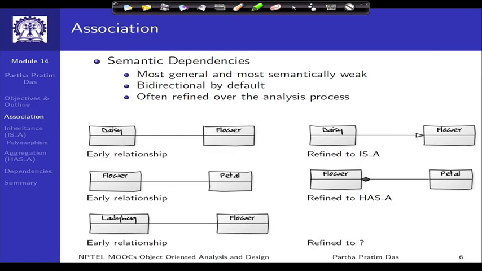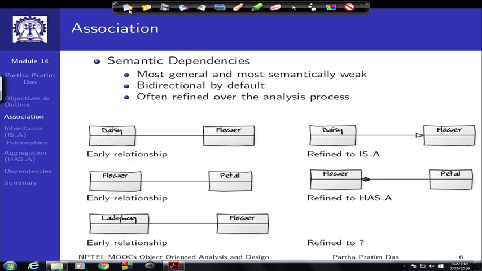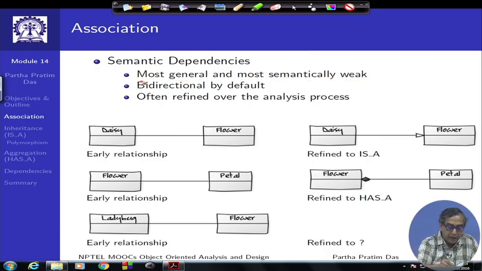Moving on, let us talk about the first kind of relationship that we want to focus on. This is called association. Association does not have a very strict definition. It is one of the most general and most semantically weak kinds of relationship.